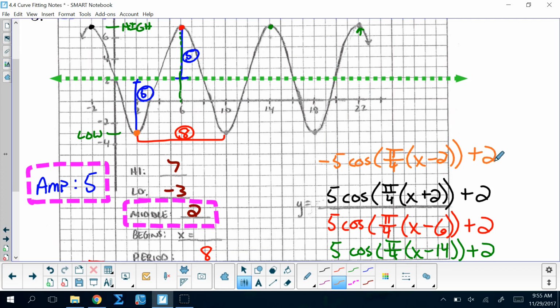Because I'm starting at the bottom, my a has to be negative. If I go to purple, then it would be negative 5 cosine of pi over 4 times x minus 10, plus 2.